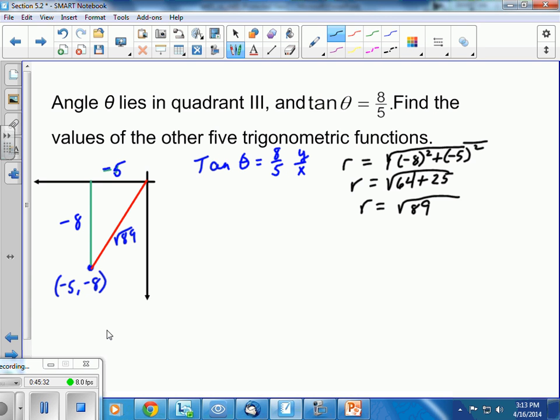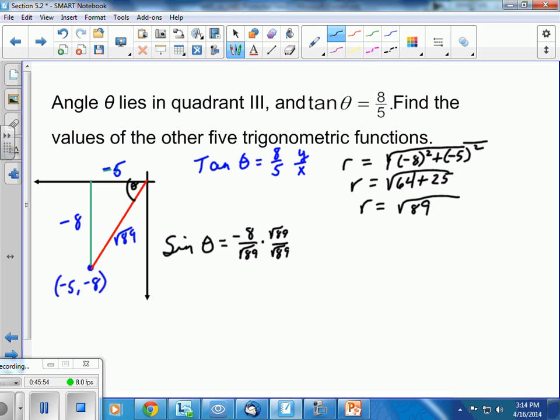So here we go. Sine of theta, again, is opposite, and theta is always here. Opposite over the hypotenuse, or y over r. So it's negative 8 over the square root of 89. Again, I got to rationalize my denominator.